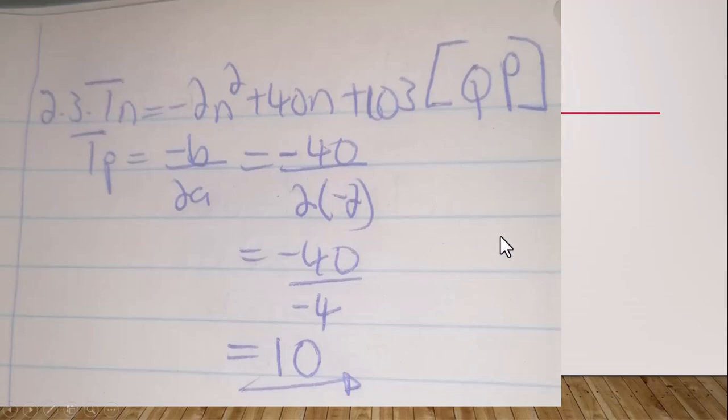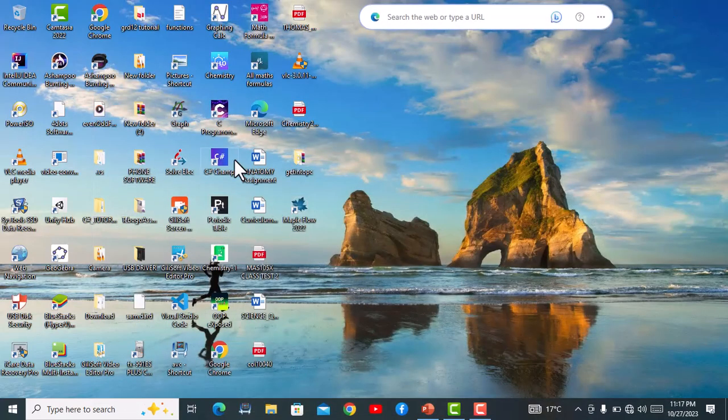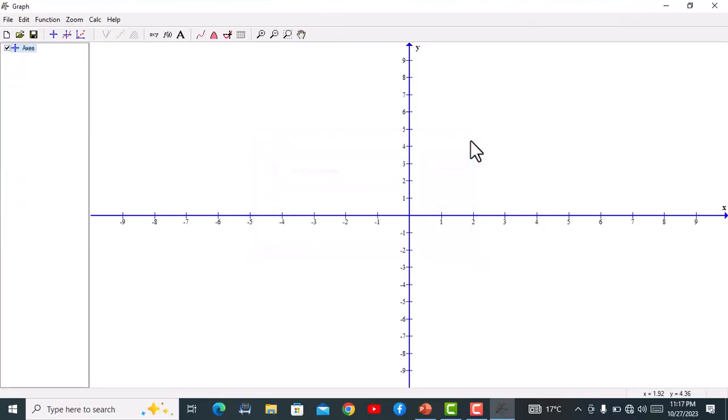Remember, this is a parabola, and let me demonstrate with this. I'm just going to draw the mother graph with the value of a as negative.